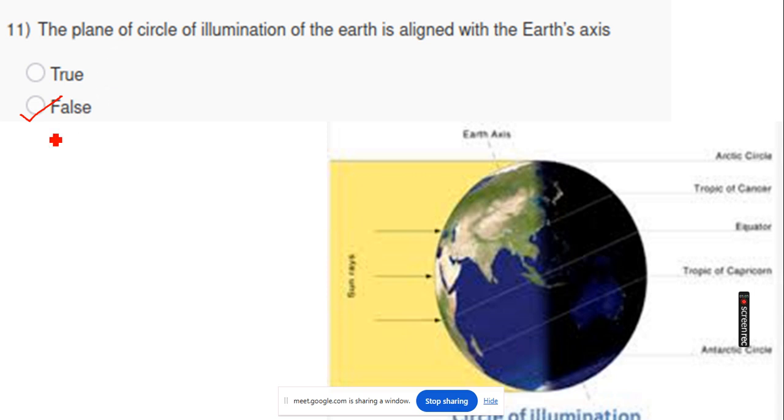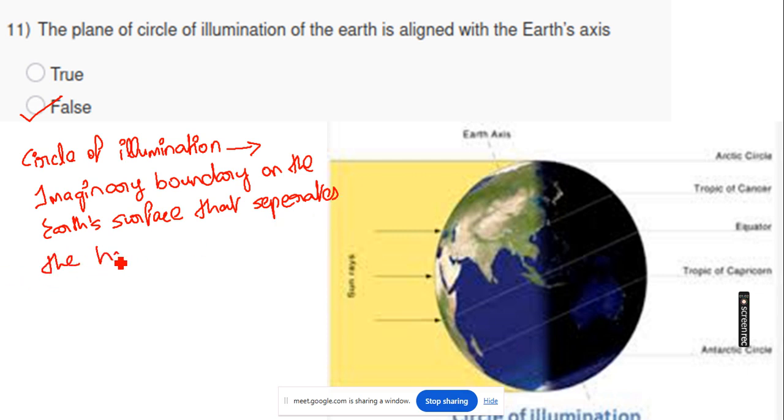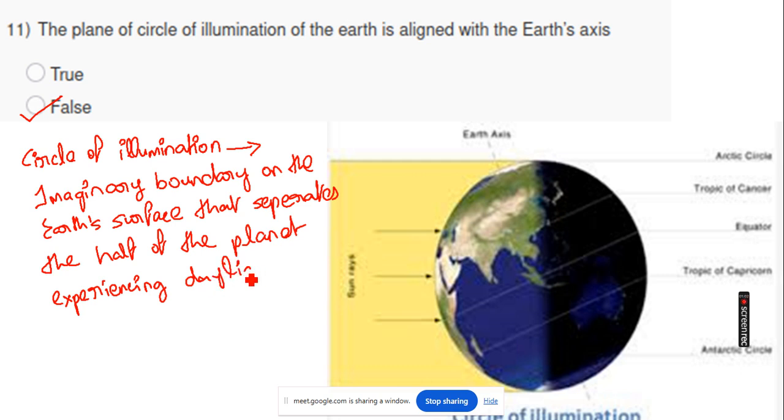So the circle of illumination is basically the imaginary boundary on the Earth's surface that separates the half of the planet experiencing daylight from the other half.